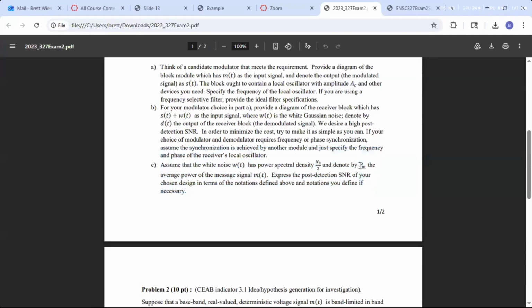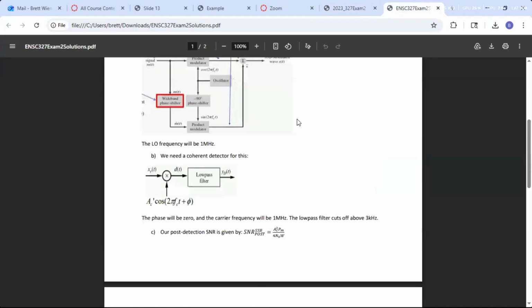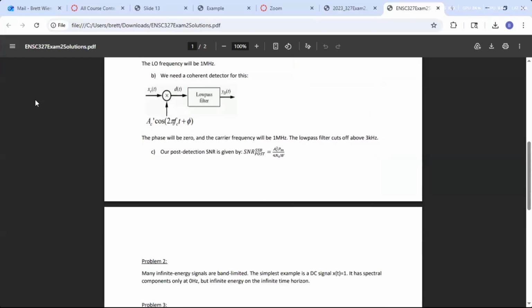It's been told to us that we have the message signal's PM, and the noise density is this, so we just need to match it up, right? So when we look over here at the solutions, we just literally copy down from the sheet exactly what we have, right? PM over N0 and so on. So that's it, right?